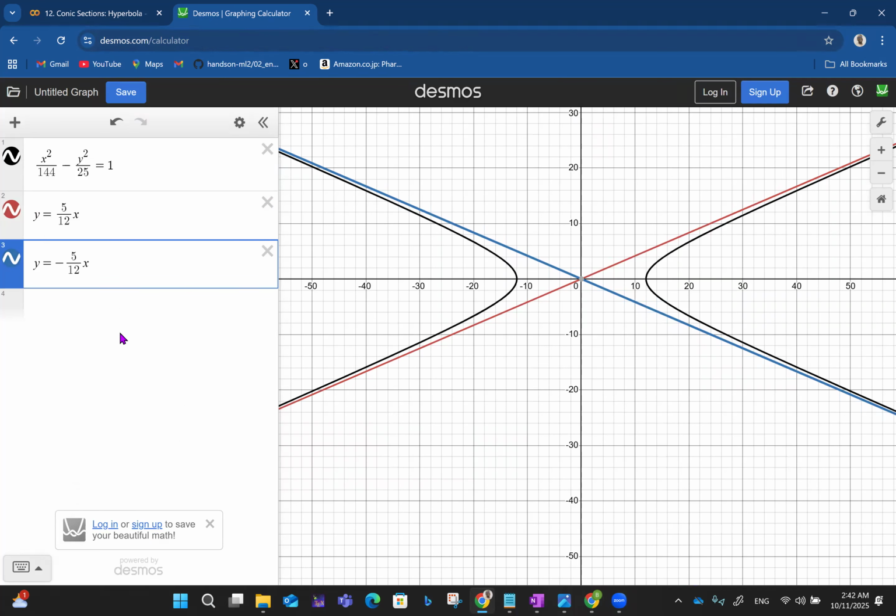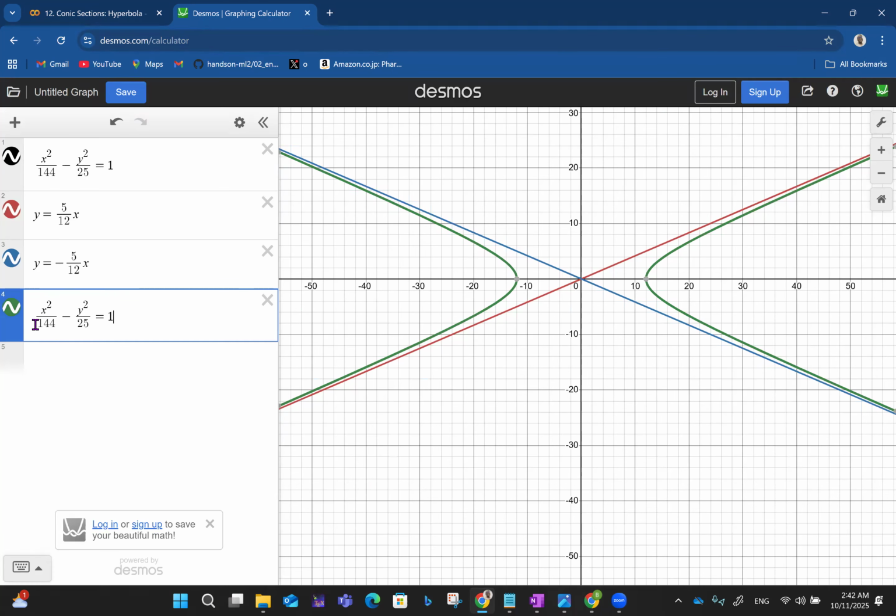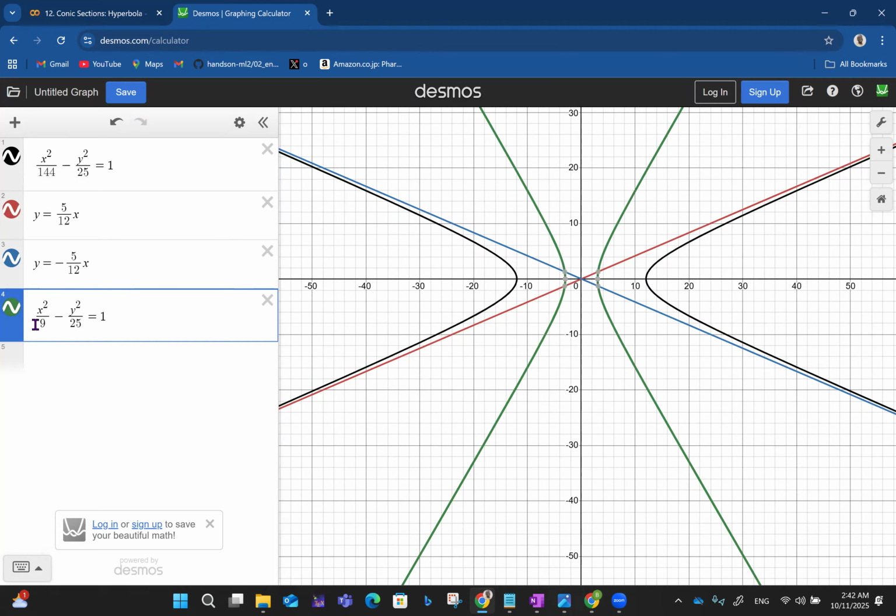So I take this here. I think we're going to have a lot of interference, but let me see how it looks first before I decide to delete the previous one. So we have x squared over 9 minus y squared over 16.